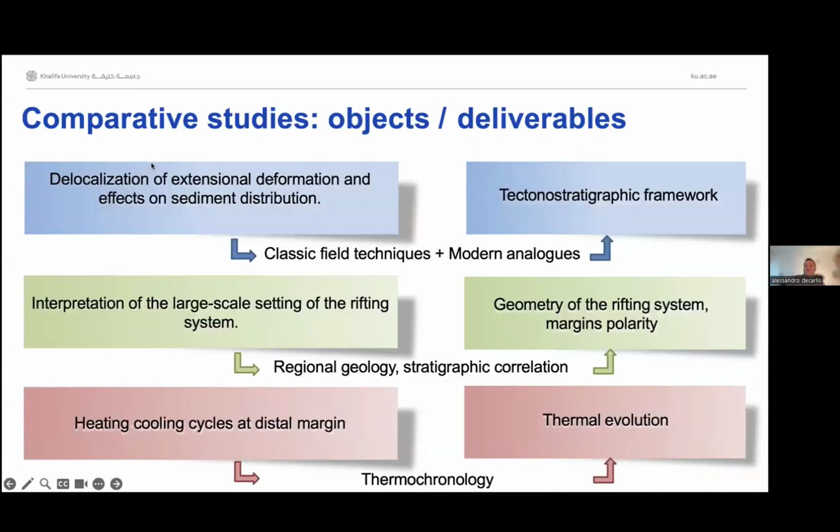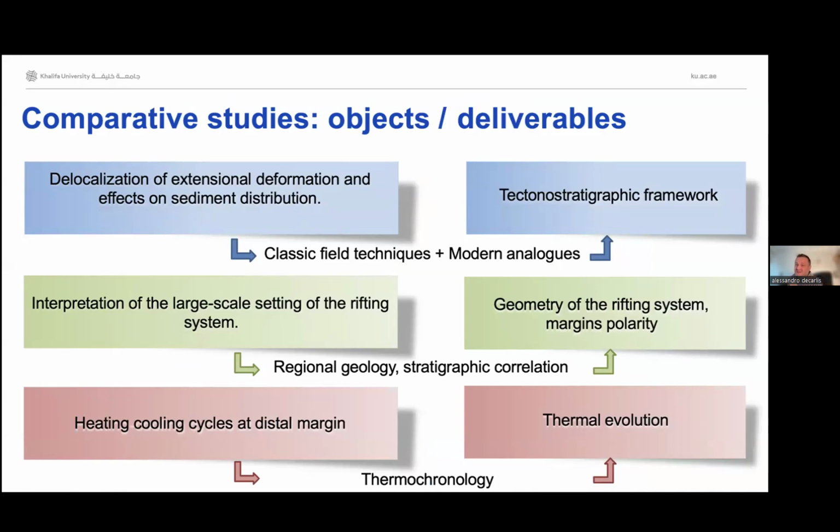So to conclude this short overview on the role of the field in investigating margins, we can summarize our work in this slide. So the field gave us the localization of extensional deformation and effects on sediment distribution.